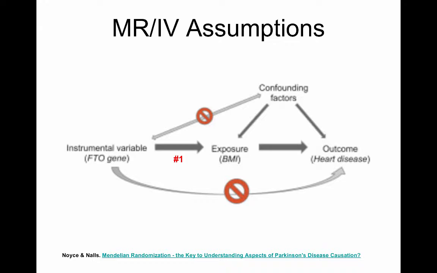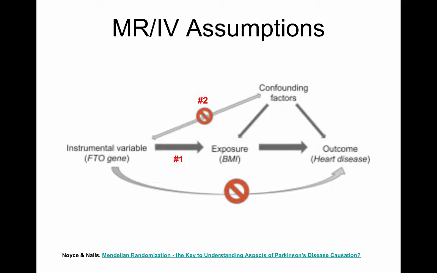Your instrumental variable, that FTO SNP, has to cause the exposure. In this case, let's say it's higher BMI. How do we test that? By looking at the association between the FTO SNP and the phenotype of BMI. You can even use prior published estimates of FTO SNP effects on BMI as evidence of effect that would satisfy assumption number 1.